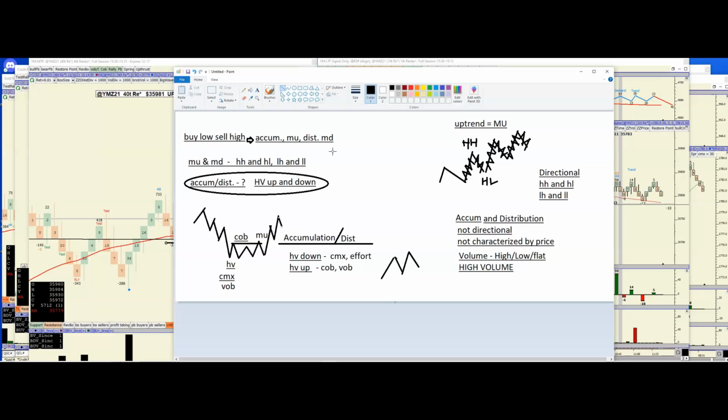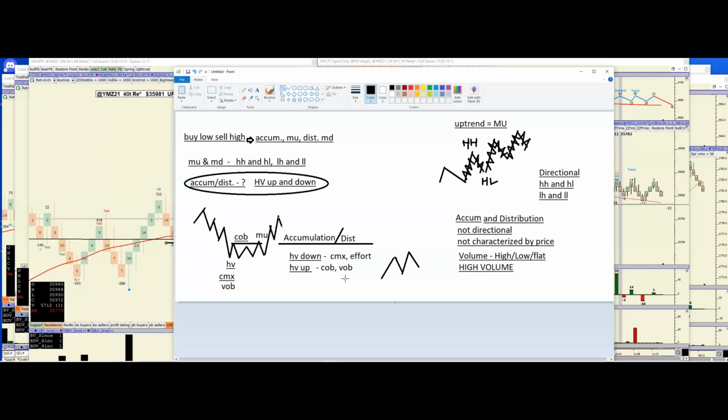If you are asked what is an uptrend, you're going to say higher highs, higher lows. When you ask about accumulation and distribution, since they are non-directional, they cannot be described by using price. They are instead described by using volume first and foremost.